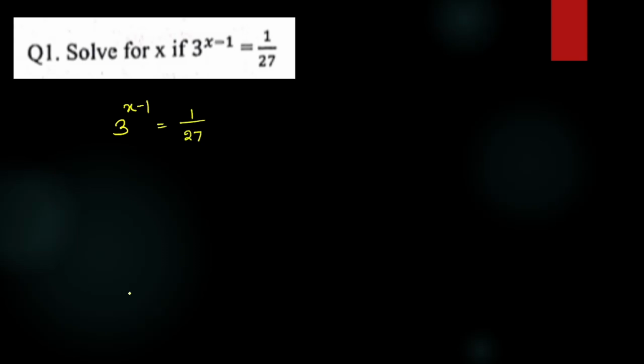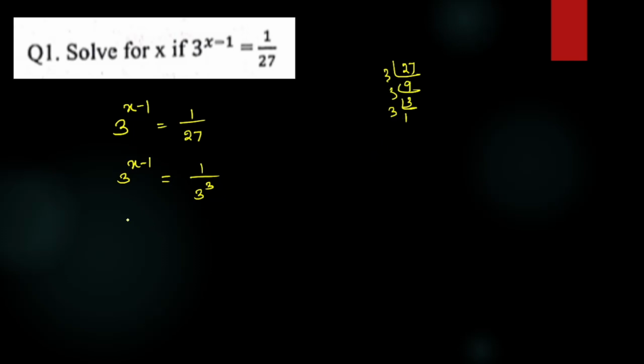Here first we make the bases the same, because if the bases are equal, then the powers are also equal. So we write 3 to the power x minus 1 equal to 1 divided by 3 to the power 3, because 27 we can write as 3 times 9, 3 times 3, 3 times 1, how many 3s, 3. That's why 3 to the power 3.